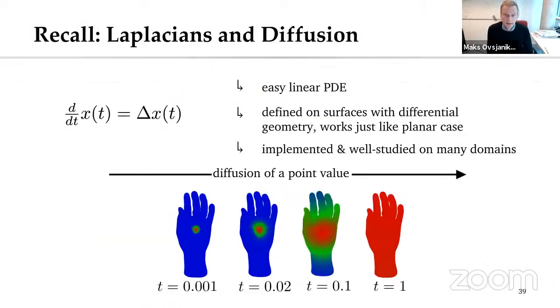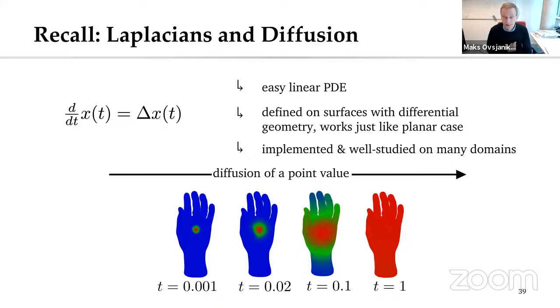So what is diffusion? Diffusion is something extremely simple and very general. Suppose that I have some distribution of heat at time t, and it's governed by this partial differential equation, probably the simplest one: the evolution of heat in time is given by the Laplacian times the heat at the current time. This is a simple linear PDE that is defined on surfaces with discrete differential geometry.